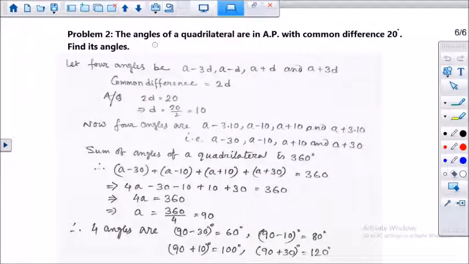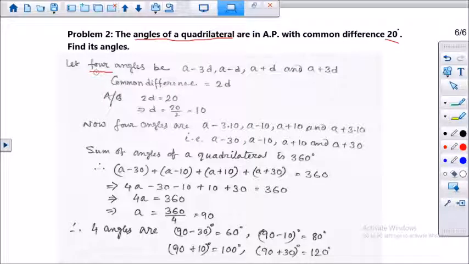Now problem 2. The angles of a quadrilateral are in AP with common difference 20 degrees. Find its angles. So here we know that in a quadrilateral 4 angles are there. So we have one formula.